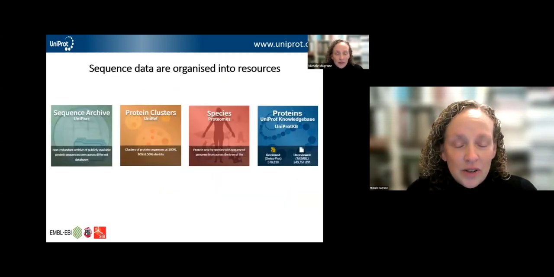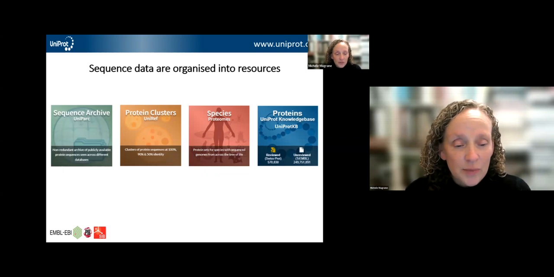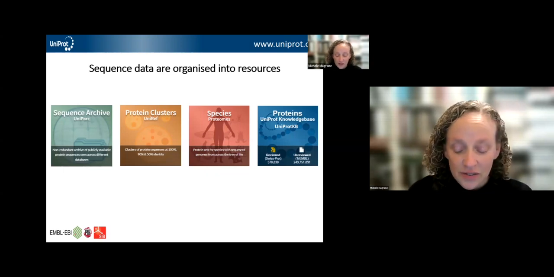UniProt is a sequence resource, and the sequence data are organized into different resources. We have UniParc, which is a sequence archive of non-redundant, publicly available sequences from different databases. UniProt also provides UniRefs, which are protein sequences clustered at various sequence identity levels.